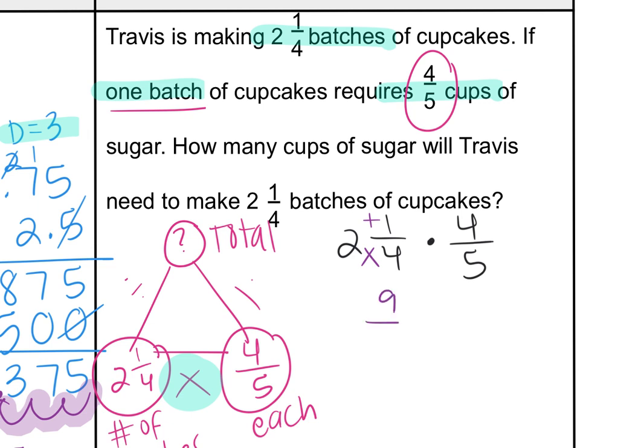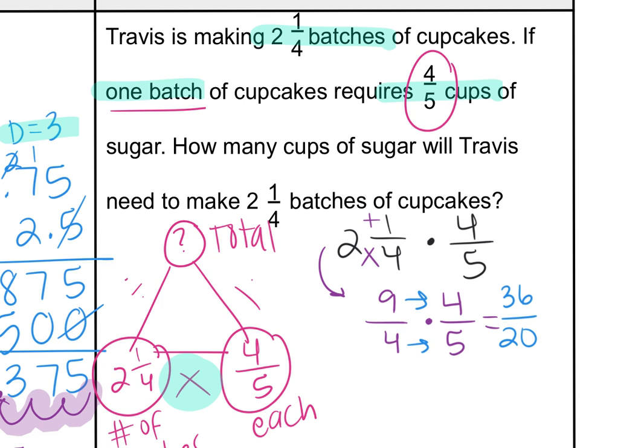So that would mean that my improper fraction is 9/4. And then I'm going to multiply that times 4/5. And I just multiply straight across. So I do 9 times 4, that gives me 36, and then 4 times 5 gives me 20.